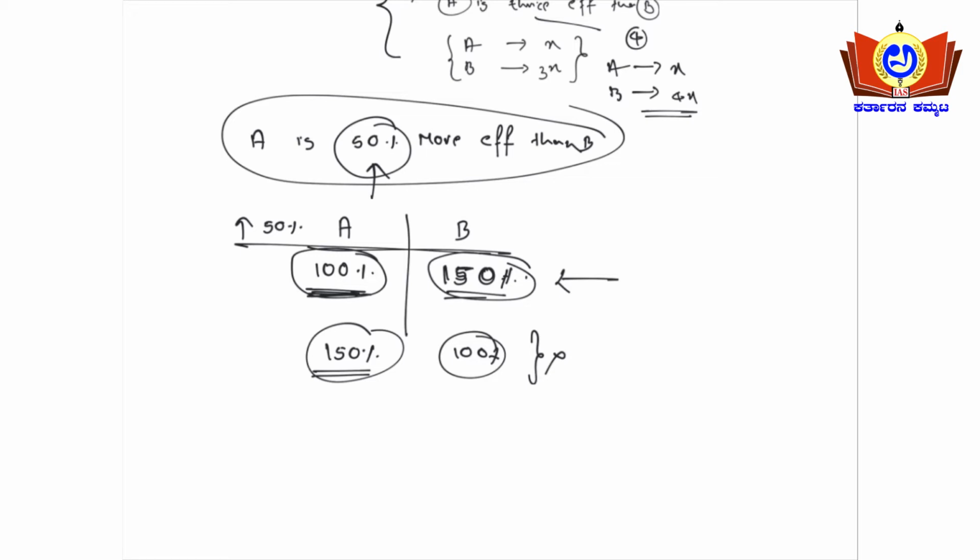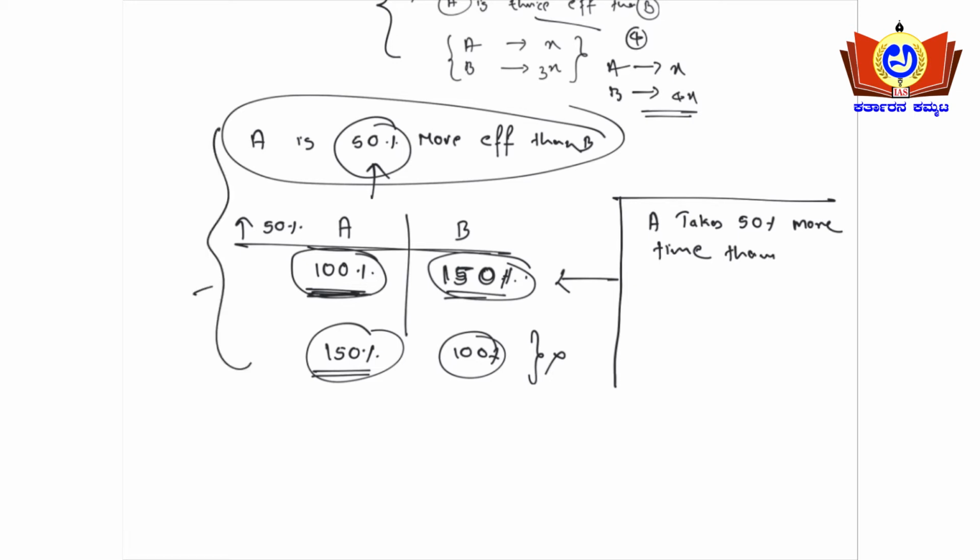See, another case will be if A takes 50% more time than B. This is a different case here. They are talking about time, not efficiency. Don't confuse here.